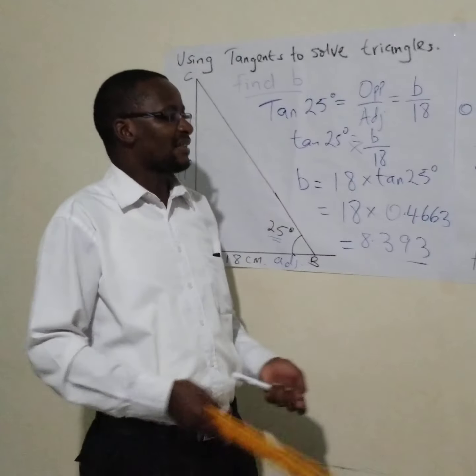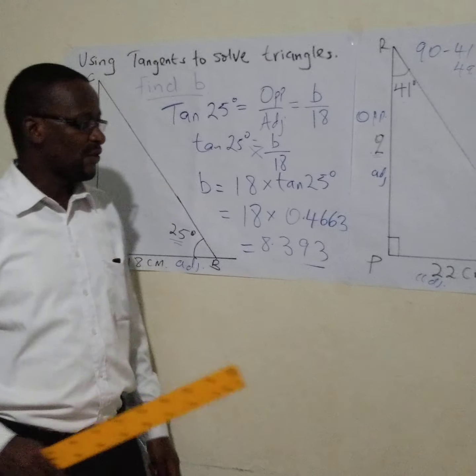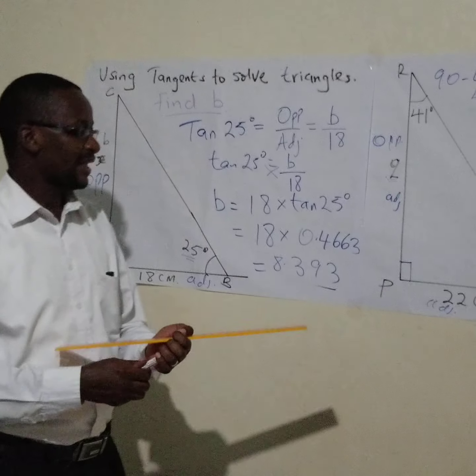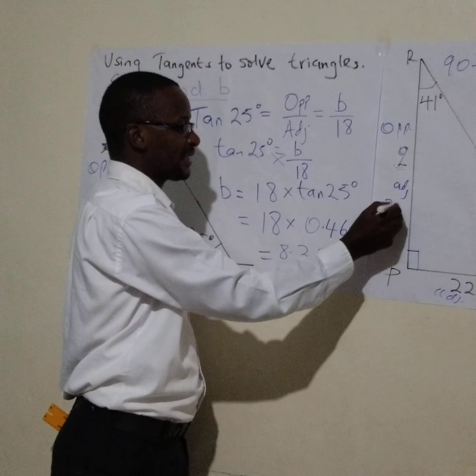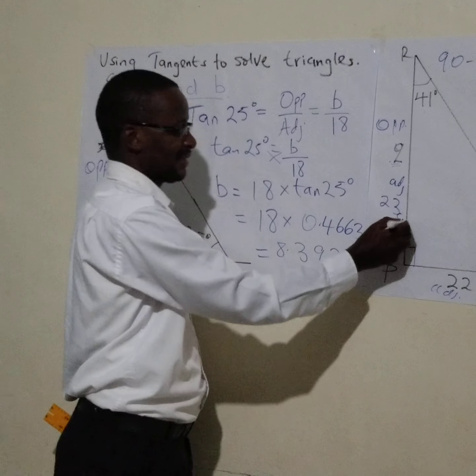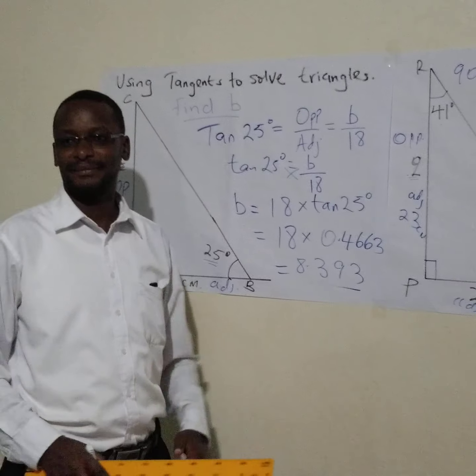Now, given that, you can be able to solve the triangle even if you are given this length, for example, 23 centimeters, and you're asked to get this angle. You can get it.